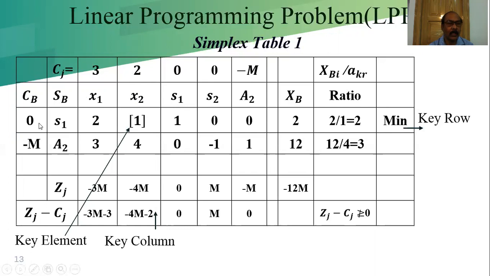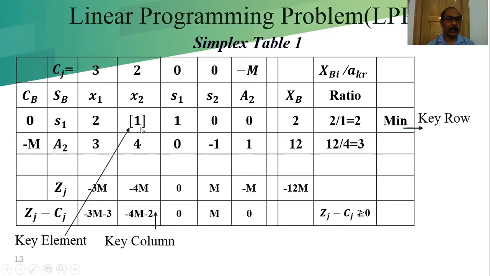Now we move to the next table. Before that, there is a discussion. We have to calculate this. Since this is the key element, this will be 0 and A2 and A2, this will be 1 automatically. Whatever the variable is, if we take the intersection of that, it will be 1 and the other elements corresponding to the column will be 0.